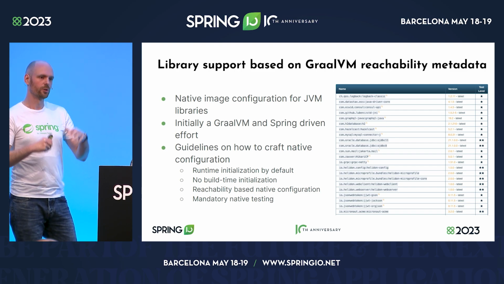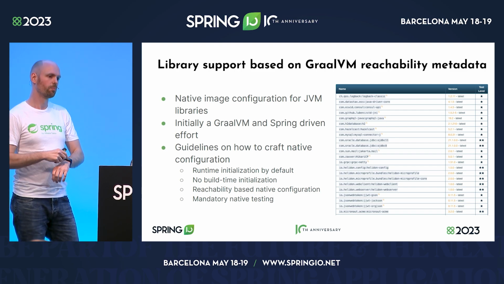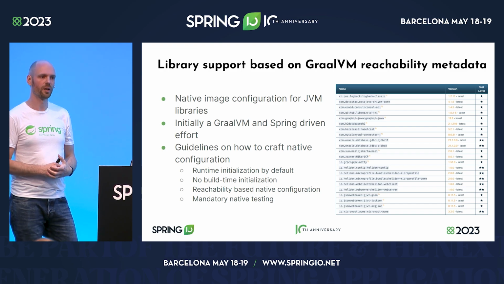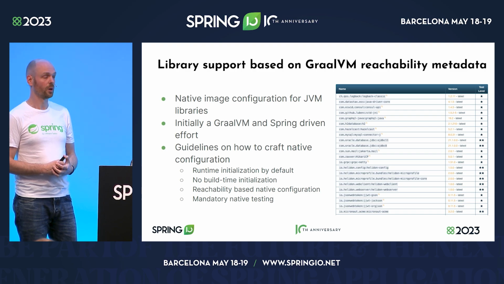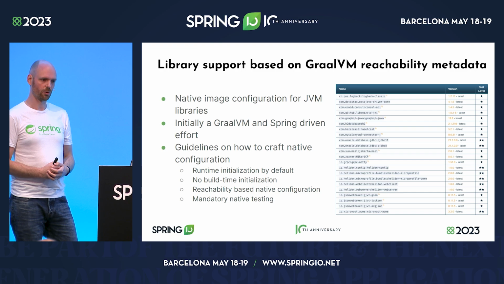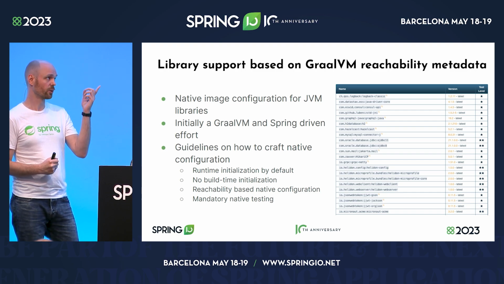So say now your application is working, but you maybe use a library which we hadn't in mind when designing all that stuff. So how does that work? There is the GraalVM reachability metadata repository, and this is on GitHub in the GraalVM space.